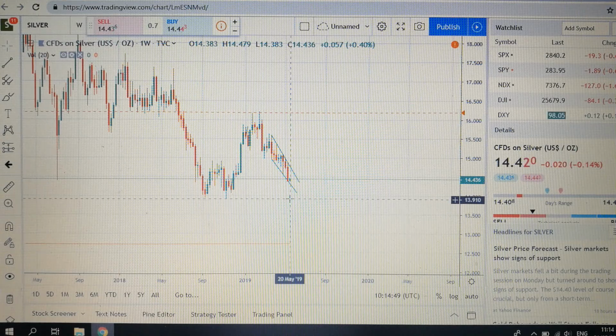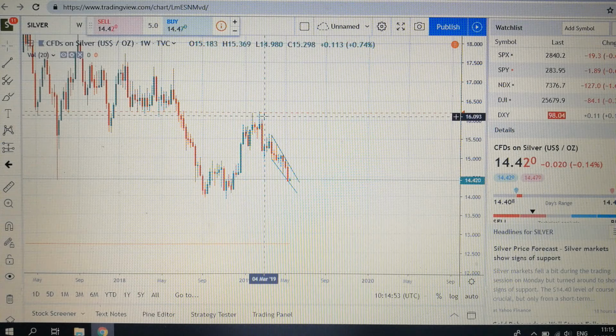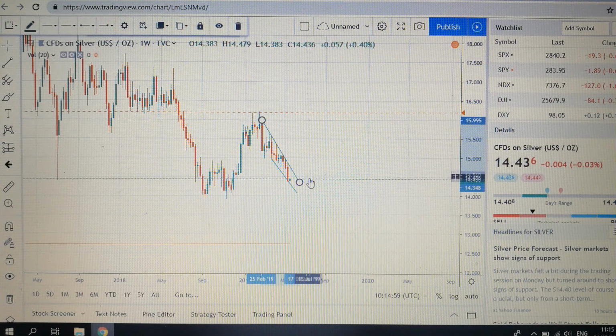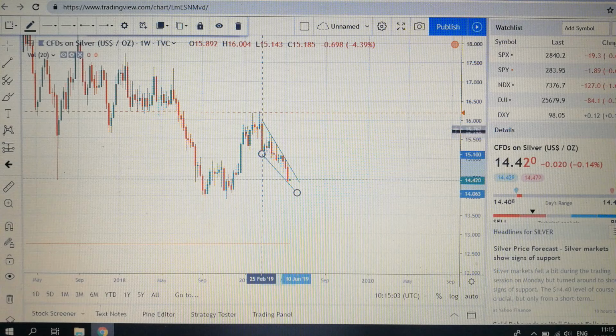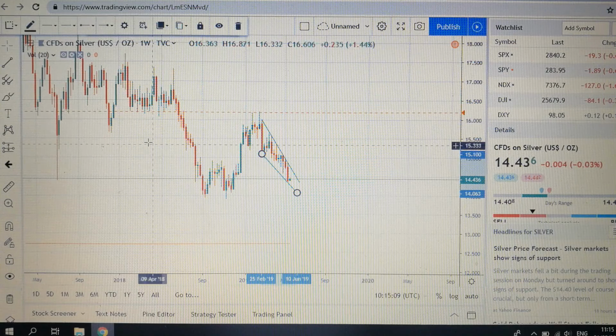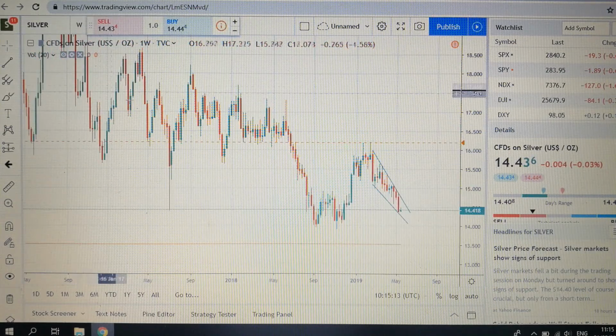Each of these indicates a week. So pretty much since the 4th of March, there's just been a massive decline. Even from a weekly perspective, we're going to wait for a support level here before we start to go back up again. And then we can track further away there.